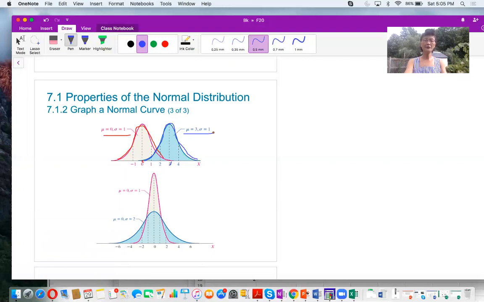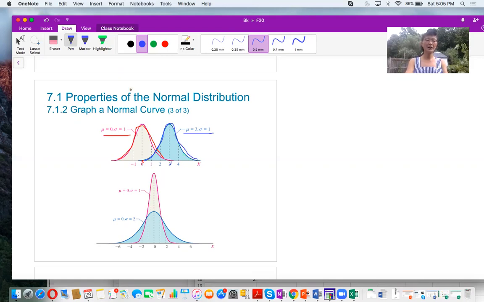So what is the difference between those two distributions? They have different population means. The red one has population mean 0. The blue one, population mean is 3. And what is the similarity? They have the same standard deviation, meaning the spread is the same, but the mean is different.